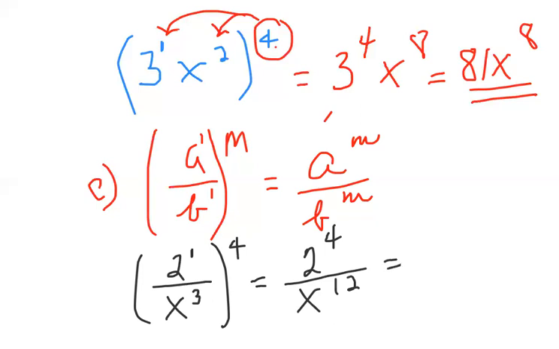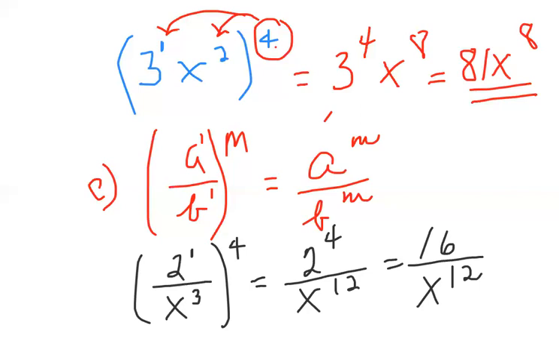Now, just like before with the 3 to the 4th, I would go ahead and simplify the 2 to the 4th. 2 to the 4th is 2 multiplied by itself 4 times, or you could drop it on the calculator to get 16 over x to the 12th power. And that's it. Now, guys, it's a lot of steps and lots of properties and rules to remember, but it is possible for you to be able to do it.